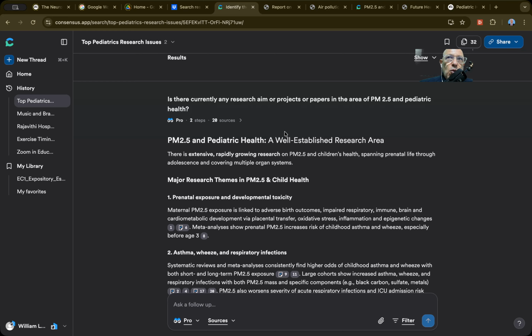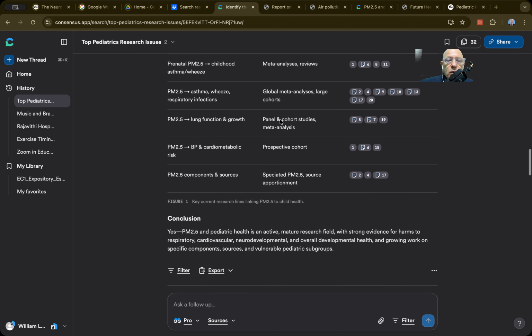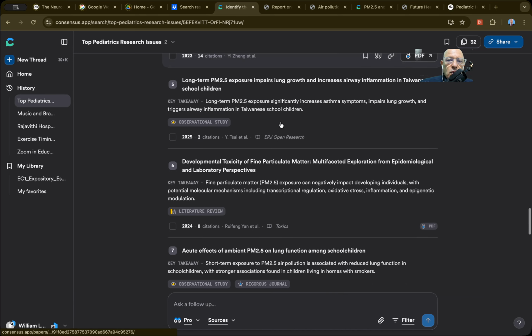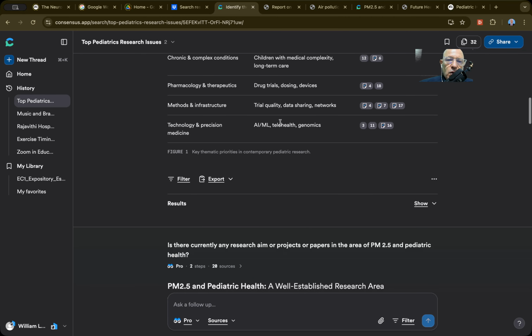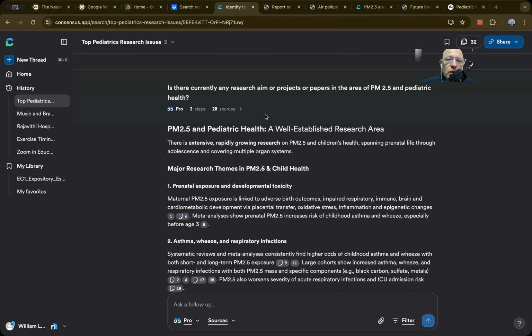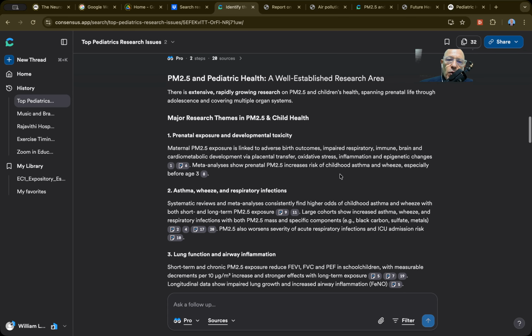Don't really know whether you're doing anything with this, whoever residents in pediatrics, but anyway, this research tool's pretty amazing. Yeah, you can do it with Google Scholar, but this is really amazing, and it gets it organized and puts it in a visual way so we can see major research themes in PM 2.5 and child health.